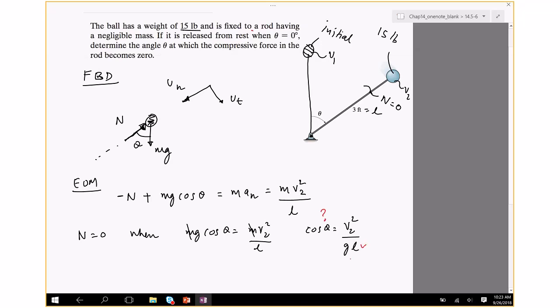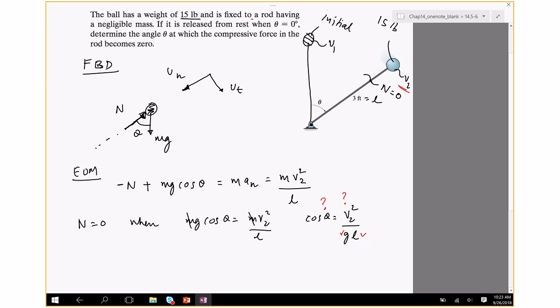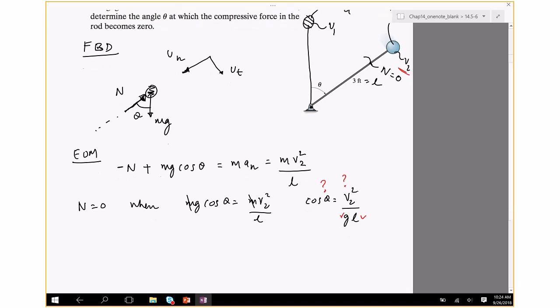L is known, g is known, but v2, that's the velocity in this position, is unknown. And you cannot leave this answer as it is, because you've got to give a value for cosine theta in terms of something which is known. So clearly this doesn't solve it.